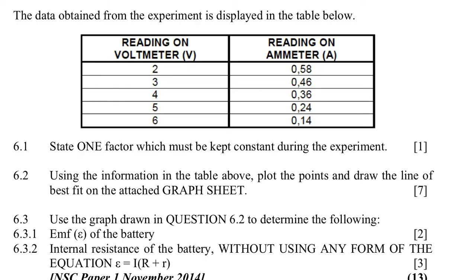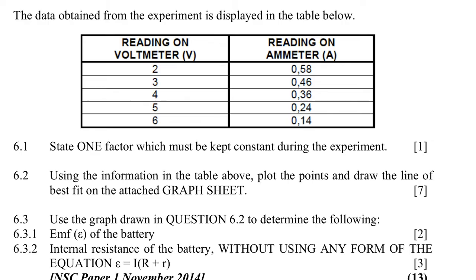Now, when you do this experiment, and a lot of schools do this experiment as one of the NSC matric portfolio practical investigations, one of the things you should be very careful not to do is to allow the current to run for too long, because it heats up the resistor.